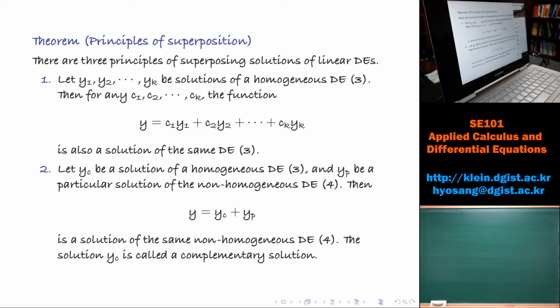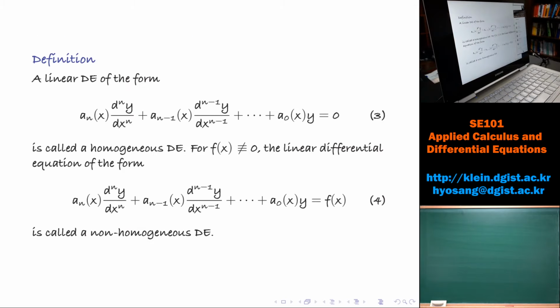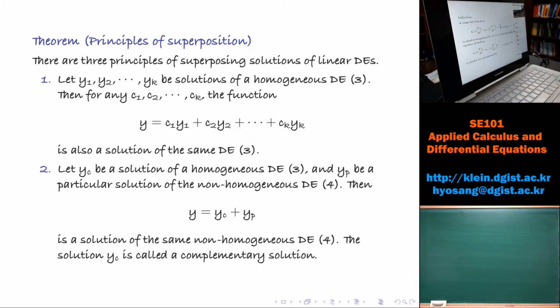And the second rule is that if you have a solution to the homogeneous differential equation of type 3, here in equation 3, let's call it YC. C stands for the complementary solution.